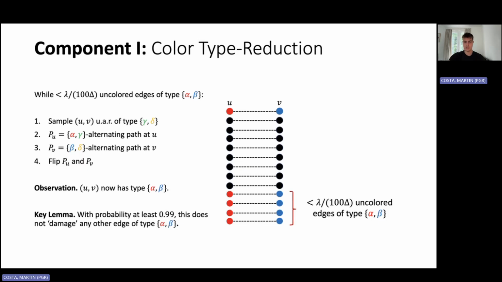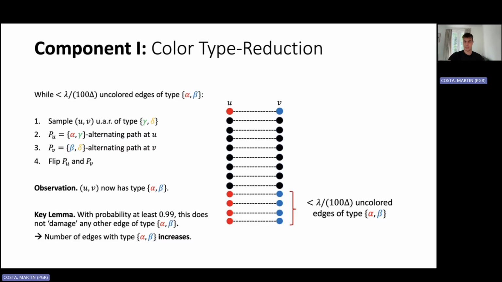And we can guarantee that this is true as long as we don't have too many uncolored edges of type alpha beta, and here too many is roughly lambda over delta. So we can make roughly a lambda over delta chunk of these have the same type alpha beta, but not more than this.